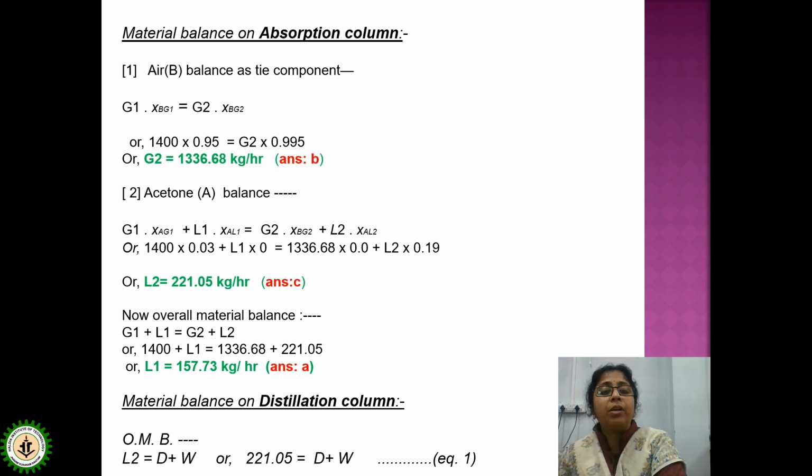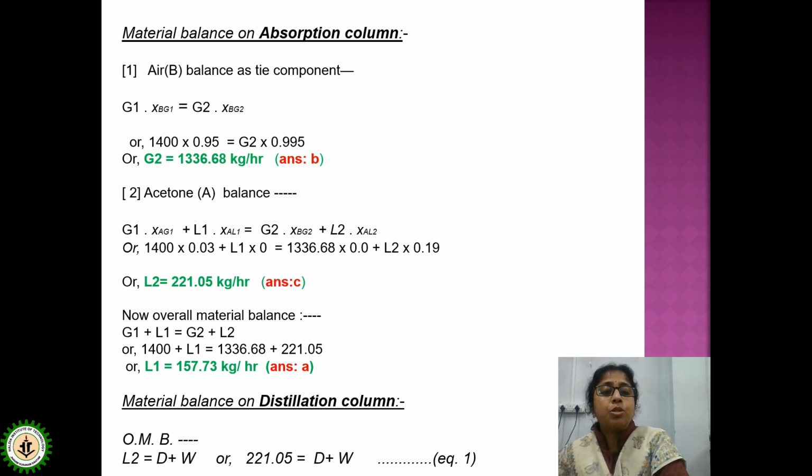L1 does not matter because it is multiplied by XaL1, which is 0. So only L2 is left to determine. After putting the values of G1, G2, XaG1, XaG2 and XaL2, we can get the value of L2, which is the answer to C.